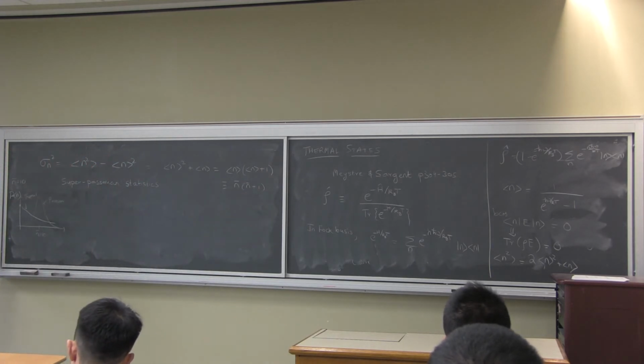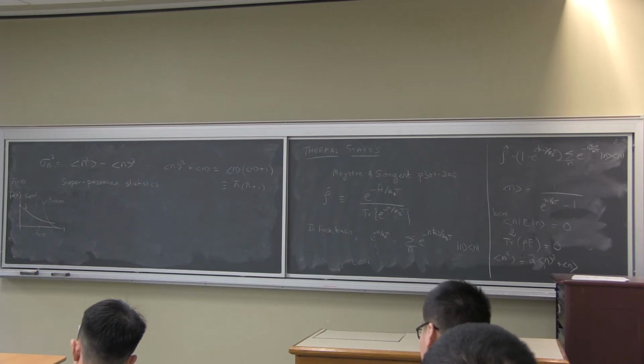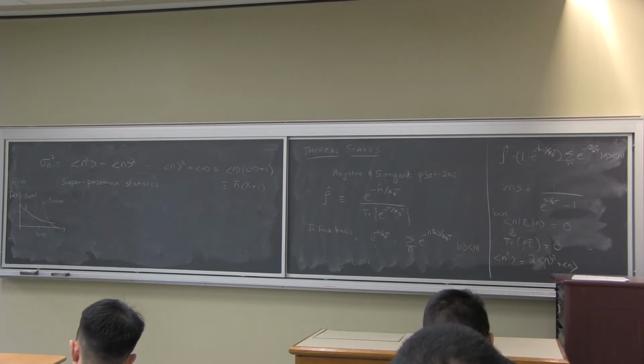So what's going on? Why is it that when we look at sunlight, a thermal state, for example, we don't see this kind of crazy super-Poissonian statistics all the time? Any guesses why we don't see lots of fluctuations, big distributions, with regular sunlight that we're observing, or from a lamp, and so on?